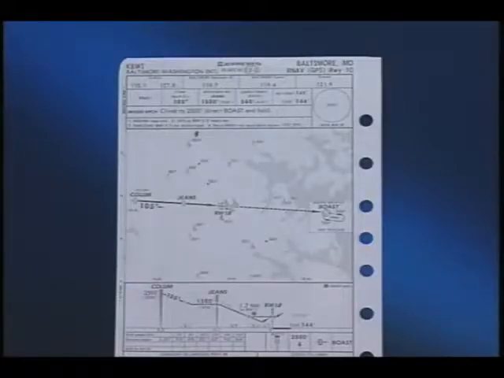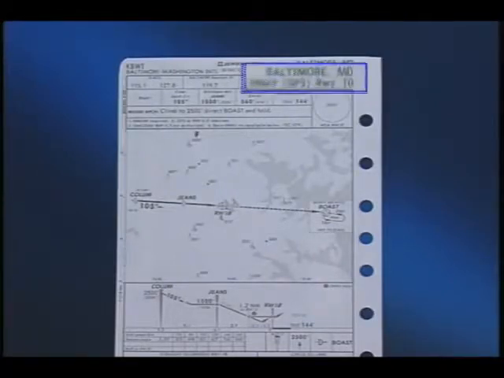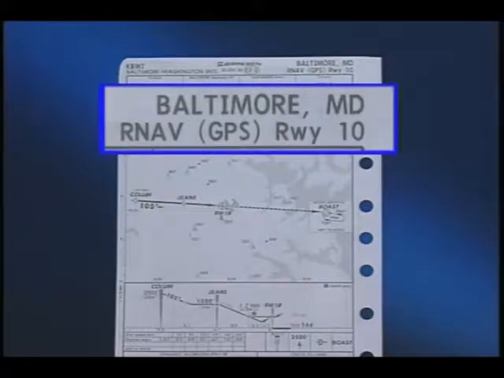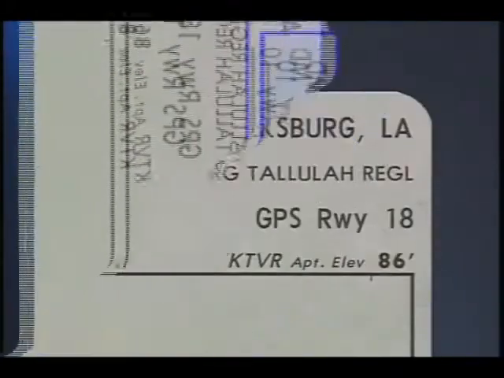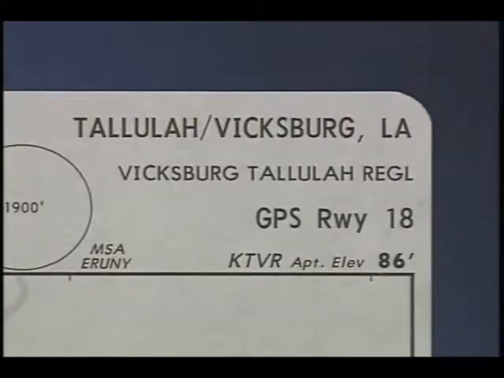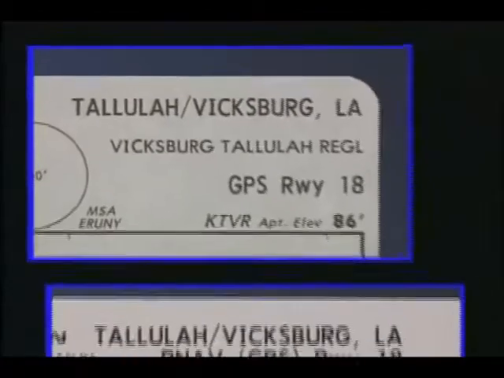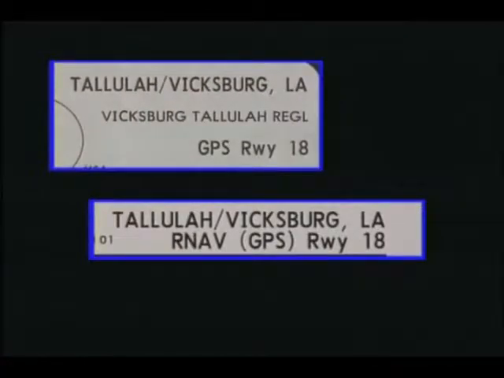All GPS approaches, both unaugmented, today's GPS, and augmented, WAAS and LAAS when operational, are published using the same new chart format. The approach is titled RNAV (GPS) and the runway number. The Tallulah-Vicksburg GPS runway 18 is now the RNAV (GPS) runway 18.